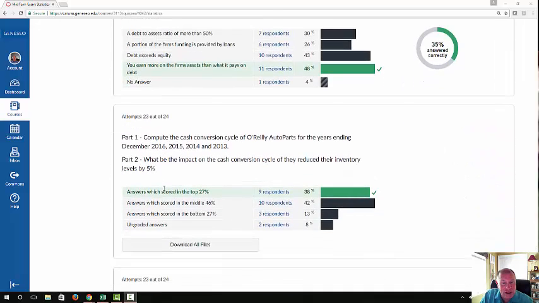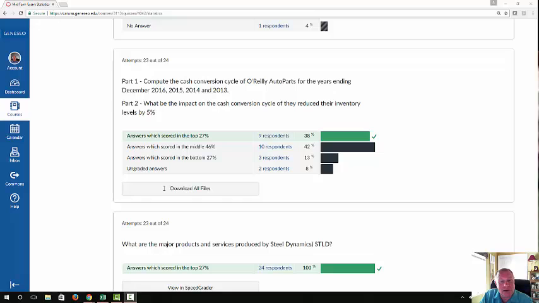When we look at the cash conversion cycle of O'Reilly, what was the impact on the cash conversion cycle if they reduced their inventory levels by 5%? There actually were a couple that were rather unusual that had 2,000 and 3,000 day cash conversion cycles, and it was clear to me that you didn't check your work or use a smell test.